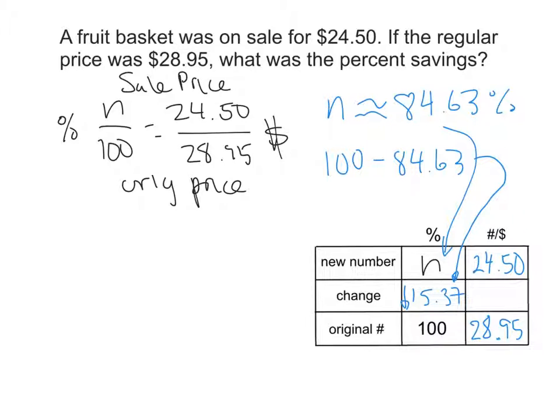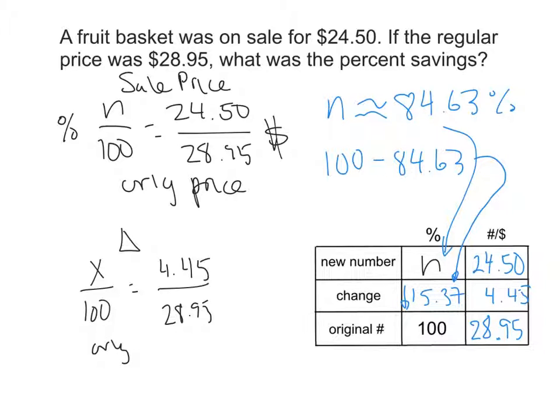Of course, we could have done 28.95 and subtracted 24.50 and gotten that our change was $4.45, in which case we could have done the original proportion as x over 100 equals 4.45 over 28.95, where we now have the change over the original price, and I'm going to write discount in parentheses after the change because that's how much was saved.